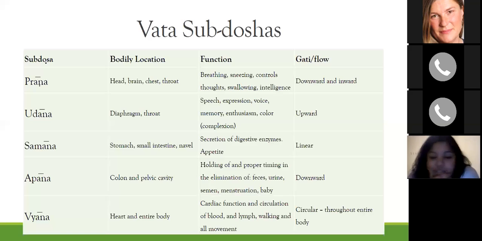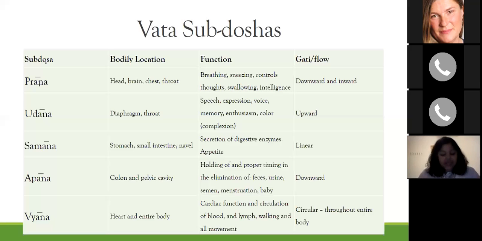Okay, so the Vyanavata is responsible for a type of flow or movement that circulates throughout the whole body. Therefore the gati or flow of that is circular, or throughout the entire body. So this is, again, just looking at the subdoshas and the functions and the location of it.